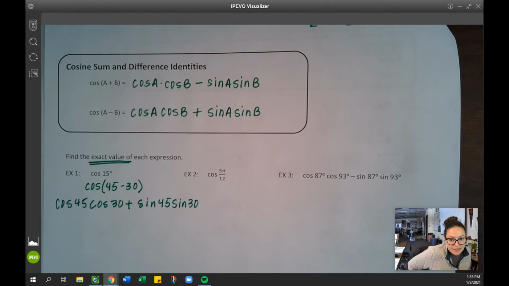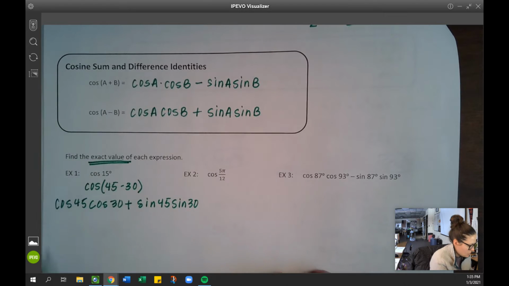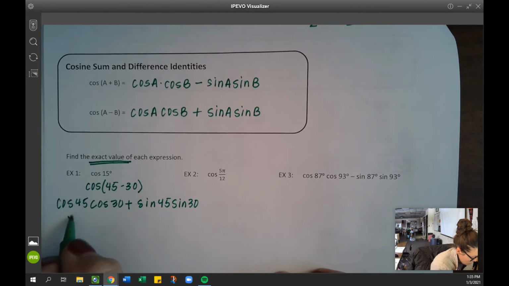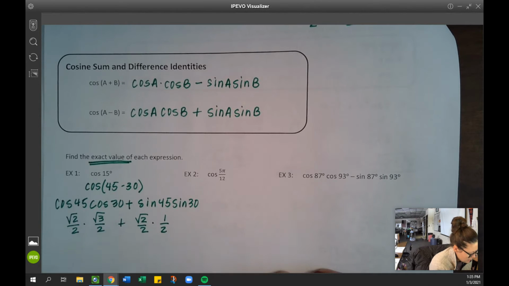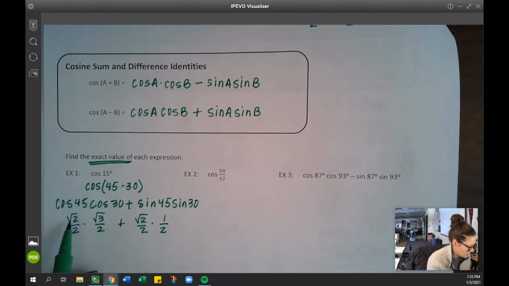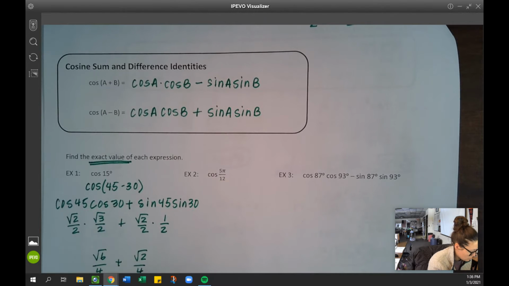And now we can plug in the exact values of those expressions. So cosine of 45, we do know, is square root of 2 over 2. Cosine of 30 is square root of 3 over 2. Sine 45 is square root of 2 over 2. And sine 30 is 1/2. And then we continue to simplify. This gives me the square root of 6 over 4 plus square root of 2 over 4.